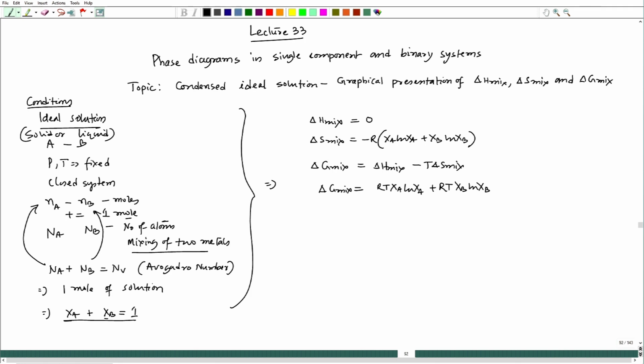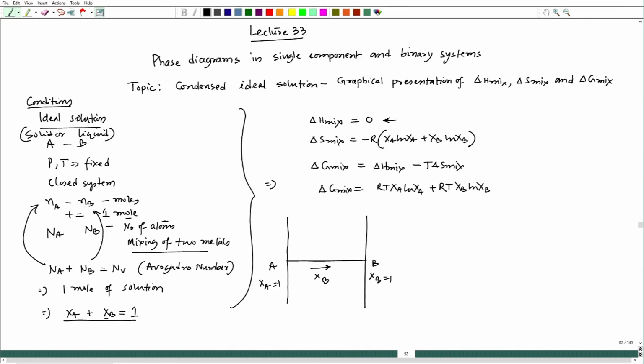Okay. So, first let us see how this operates on a graphical plot. If we take, let us say, pure A and pure B, with x b along this axis, here x b equal to 1, here x a equal to 1.